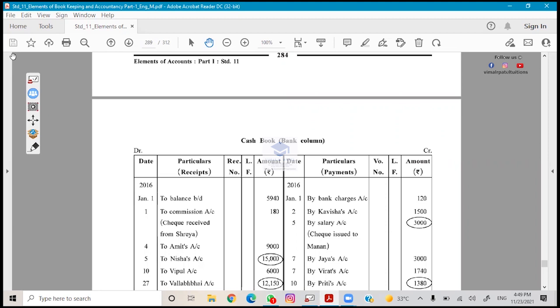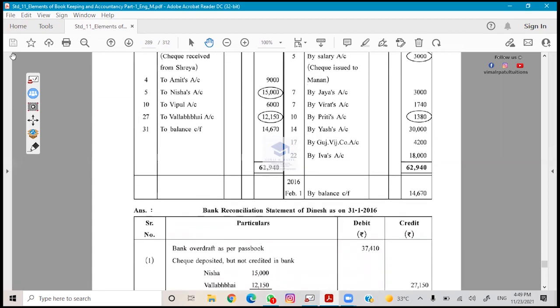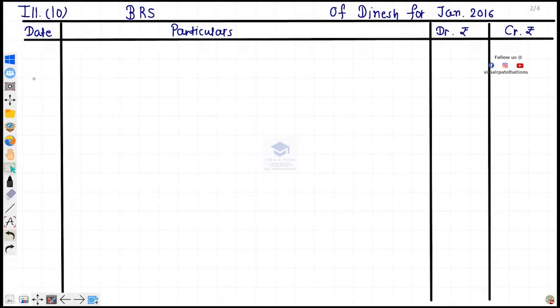Now these transactions will not be considered while preparing DRS. Now start the sum with the closing balance as per cash book, or you can start with passbook as well. There is no restriction. So cash book has credit balance, see 14,670. So it is bank overdraft. $14,670.